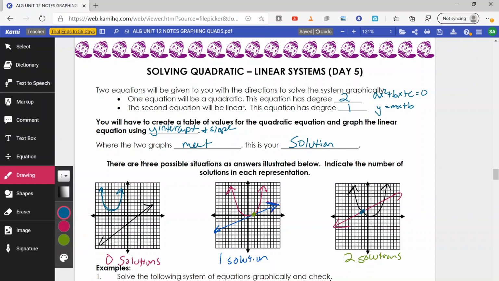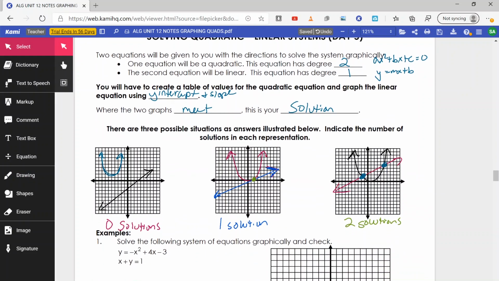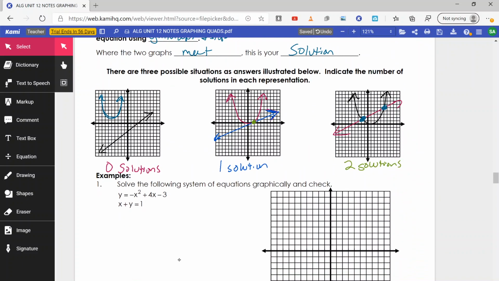Right there would be our solution, and here would be our solution. So those 2 points where my parabola and line cross, that would be 2 solutions. So those are the 3 possible situations we could come up with. More often than not, we're going to end up with 2 solutions based on our equation, but it is possible that we end up in a situation where we have 0 or 1 as well.